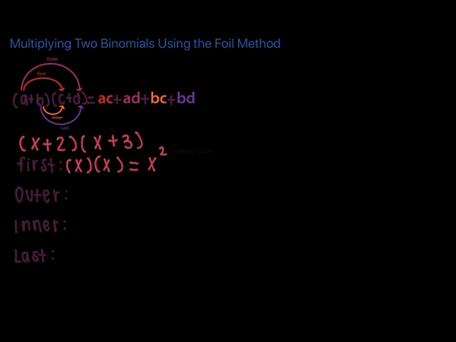Next, we're going to multiply the outer, and the outer would be a times d. In our case, that would be x times 3, and that would equal 3x. Next, we're going to multiply the inner, and the inner is b times c.